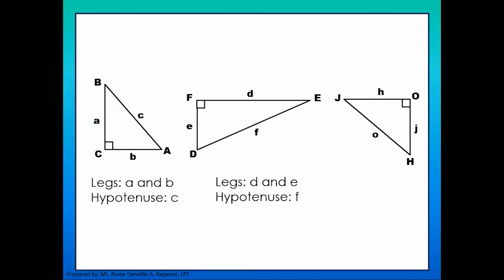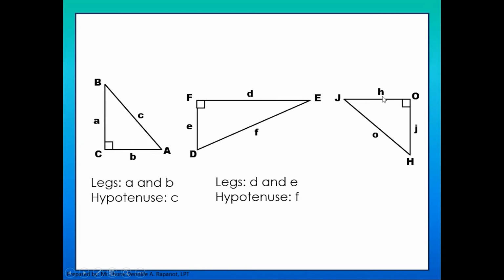Lastly, let's try to identify the components of this particular right triangle. Let's name the legs and the hypotenuse. This is your right angle.